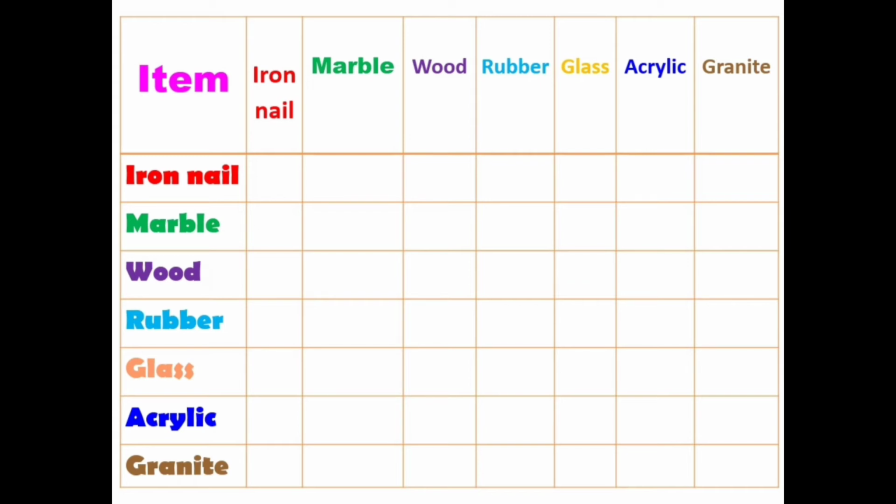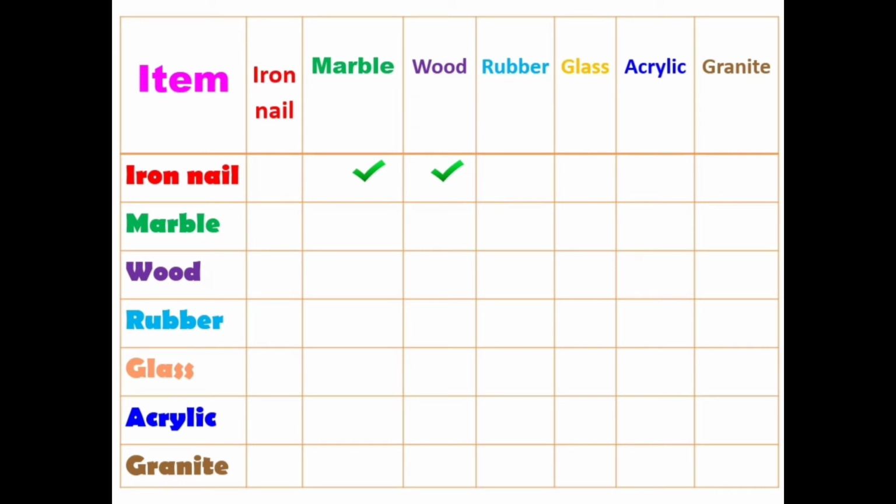So let's use the iron nail to scratch the iron nail. So they are the same. What do you think will happen? Is there any scratch? No. What about the iron nail and marble? Can you see a mark or a scratch? Right. Iron nail to wood. Yes. So let's use the iron nail to scratch the rubber.